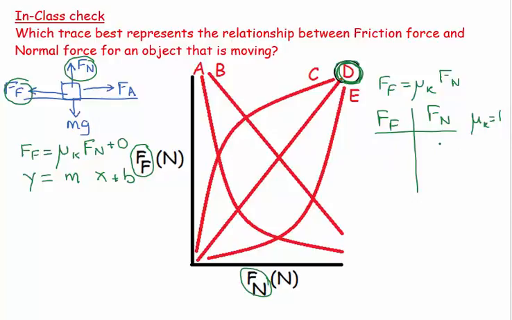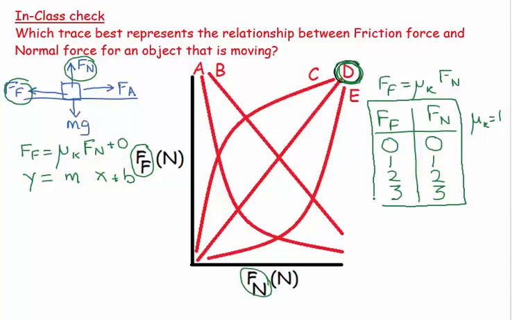Then when Fn equals 0, FF equals 0. When Fn equals 1, FF equals 1. When Fn equals 2, FF equals 2, and so on. Let's just take 3 points. So there's a suitable relationship.